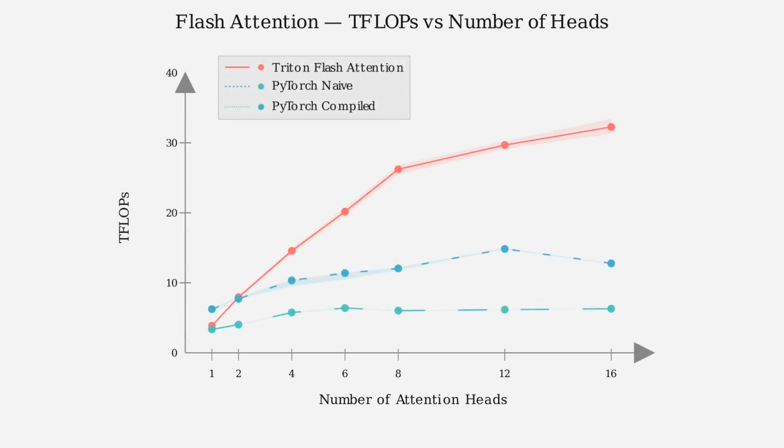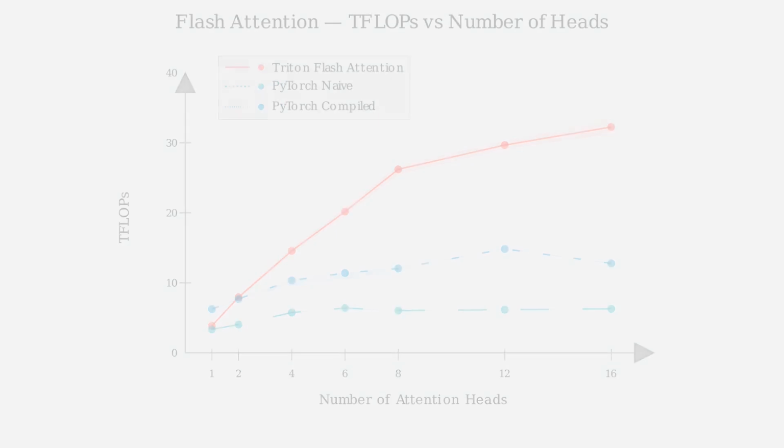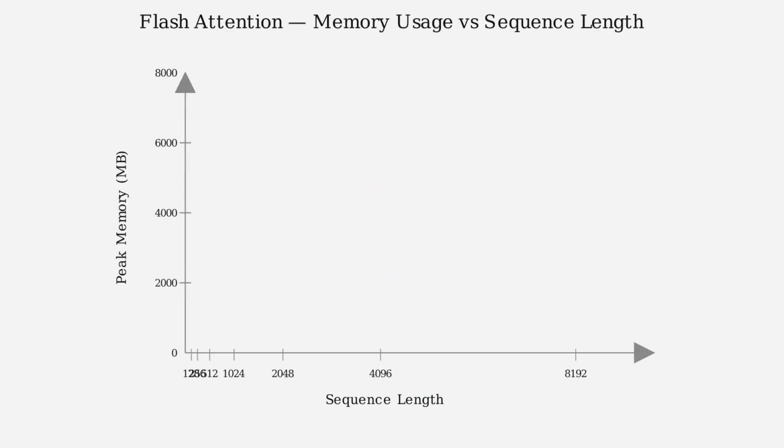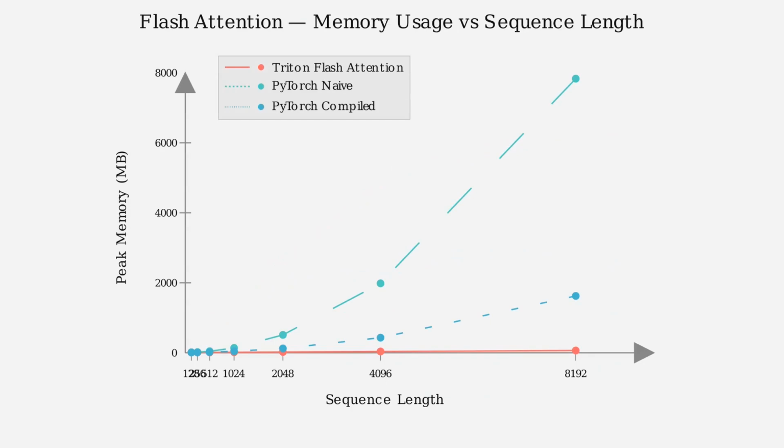But teraflops isn't the number that matters most for the Bielik. The real metric is memory footprint. Look at the 8000 token sequence. Standard attention gobbles up nearly 7.8 GB of memory just for the attention mechanism on my 16 GB card.